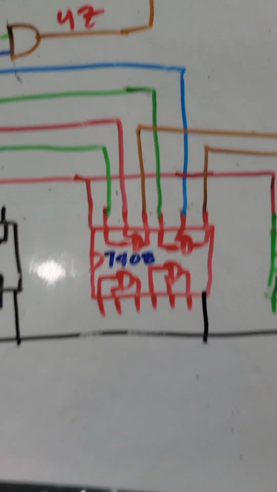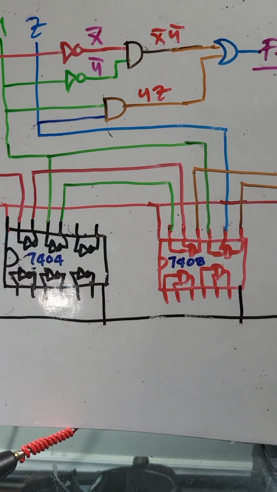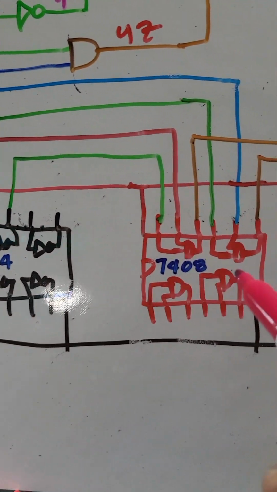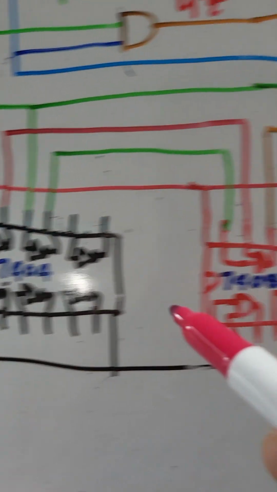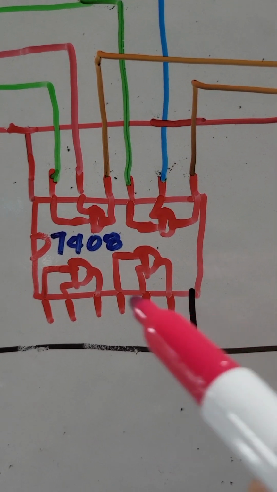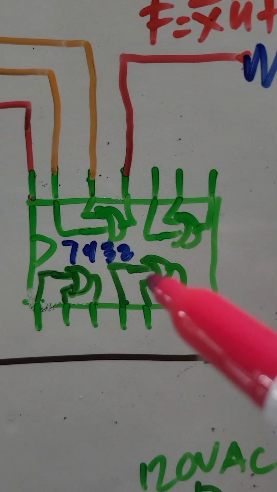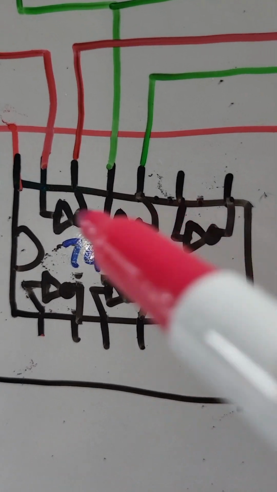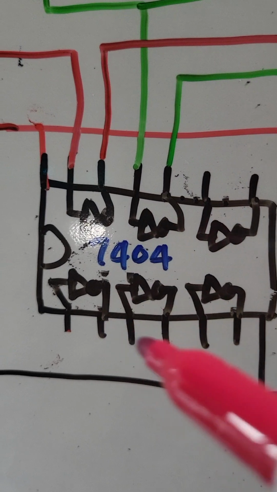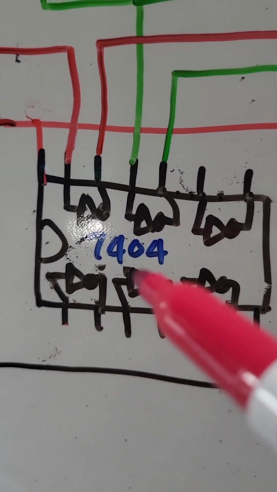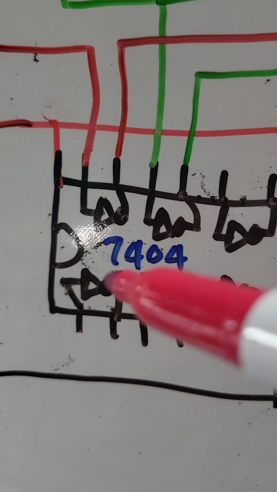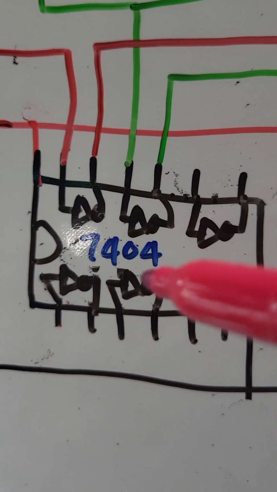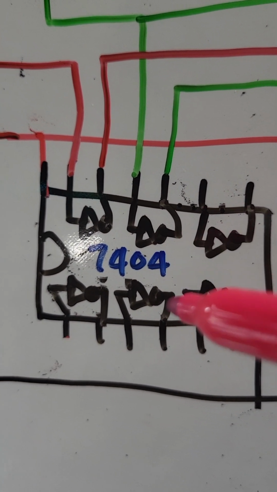Now, let's proceed to our actual IC drawing. So this is 7404 inverter gate. This is 7408 AND gate. And this is 7432 OR gate. So in one single chip of this 7404, it has 6 gates inside.